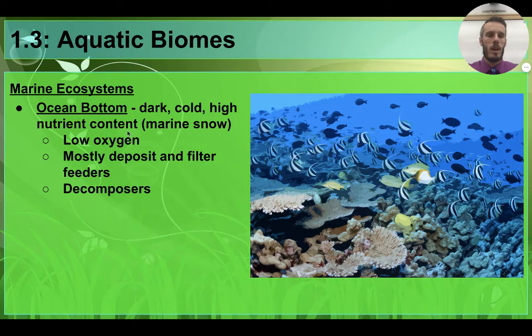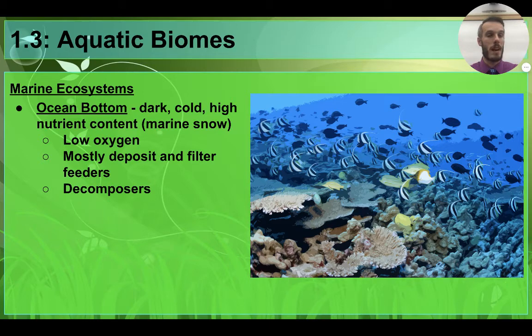Okay, so the ocean bottom, so right at the bottom of the abyssal zone, or even at the bottom of the continental shelf too, the ocean bottom, if we're in the open ocean, is going to be dark, it's going to be cold, and there's going to be lots of nutrient content because of what is called marine snow, which is just dead organisms kind of floating down.